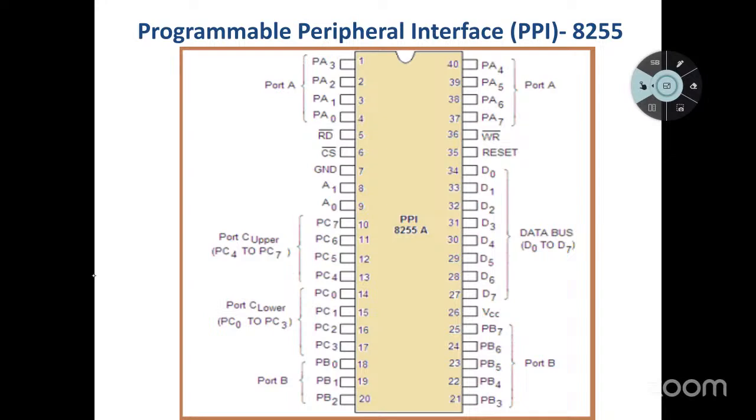Address lines are not required here; they are using the data lines. So, ఇక్కడ ఉన్న 8 D0 to D7 data lines are connected to the 8086 microprocessor data lines.